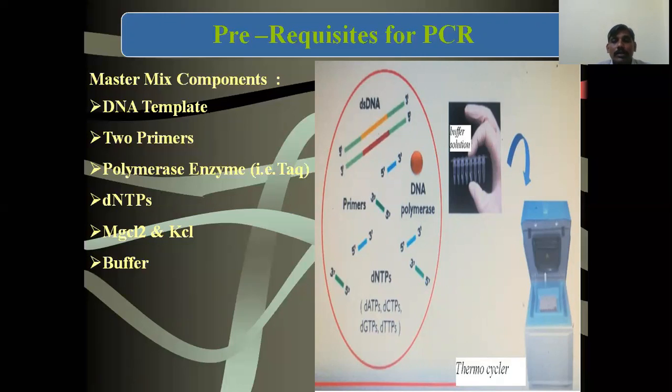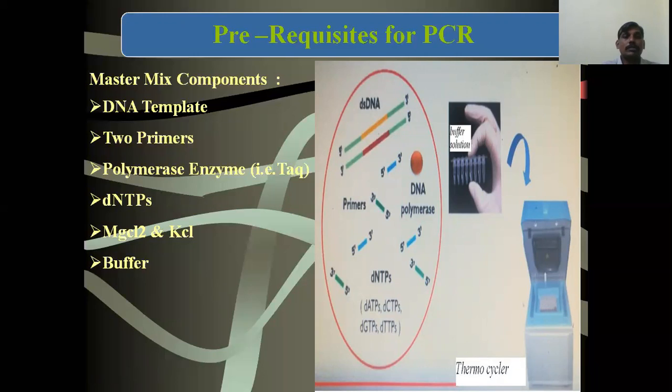All components are taken in a test tube or PCR test tubes. These master mix components are put in the wells of the PCR machine or thermocycler, and based on the temperature variation, the three steps continuously occur, and finally we get several million DNA copies.